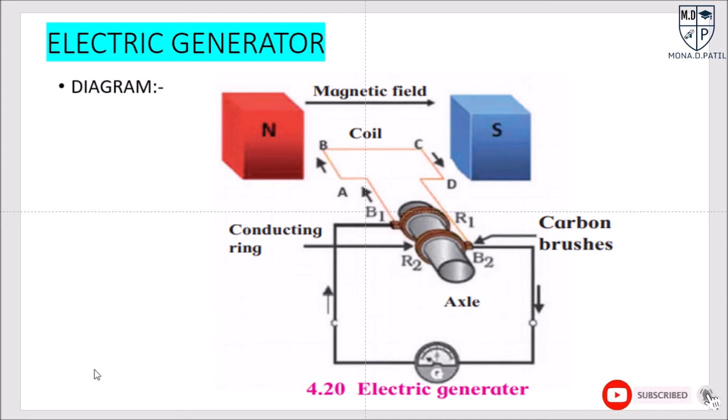As shown in the diagram here, a horseshoe magnet is given and the coil is placed in between both the poles.